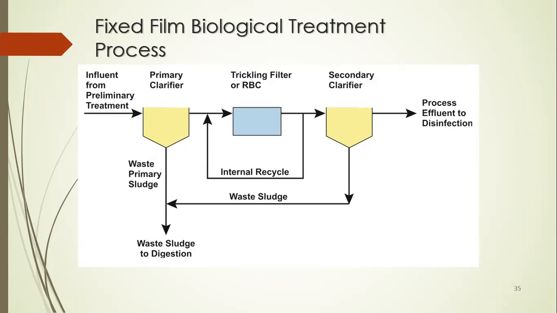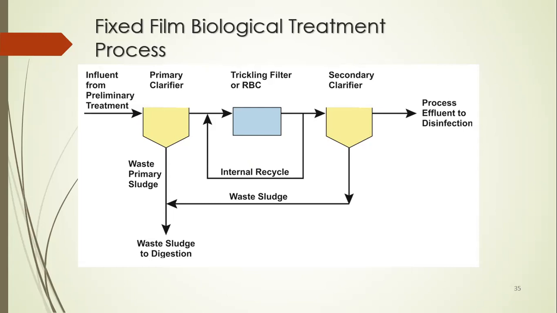And there are different other varieties of treatment options like rotating biological contactors. Again, a system where you keep the wastewater without moving, but you will move the medium, right?